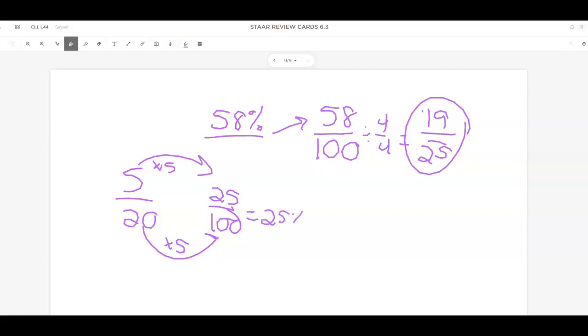Anything over 100 is percent. Percent actually means per 100. If I'm given a fraction and I can get to 100, that's a shortcut. 20 times what number equals 100? Well, times 5. What I do to the bottom, I do to the top. 5 times 5 is 25.